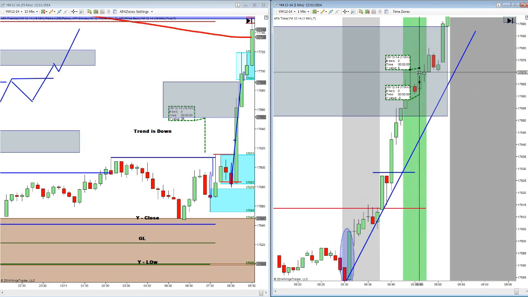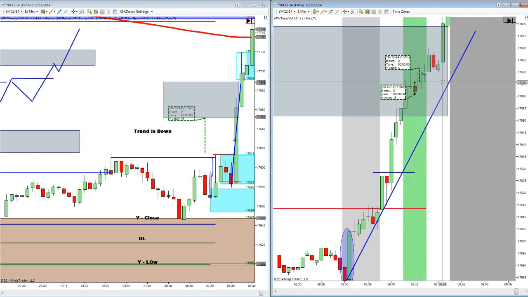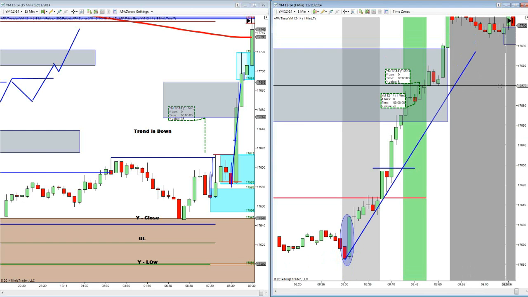So now some of the mentoree students were able to watch me line this up, but this is an extremely aggressive entry. Okay. It's very, very difficult to want to do that. But considering how strong this market's moving, it was possibly your only chance to get on board.